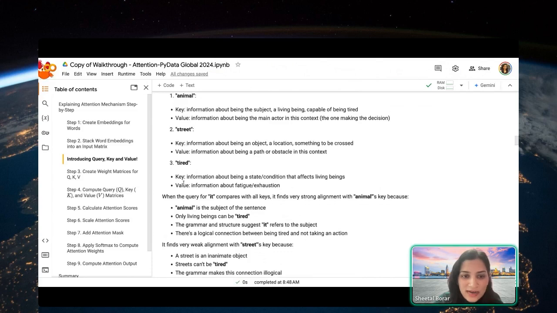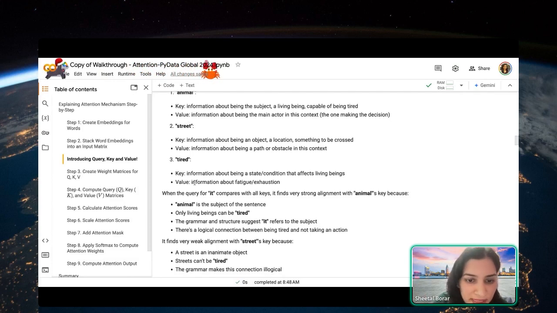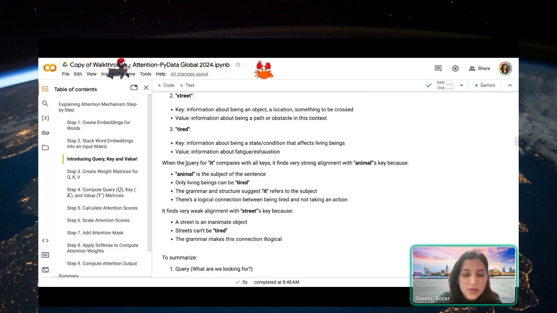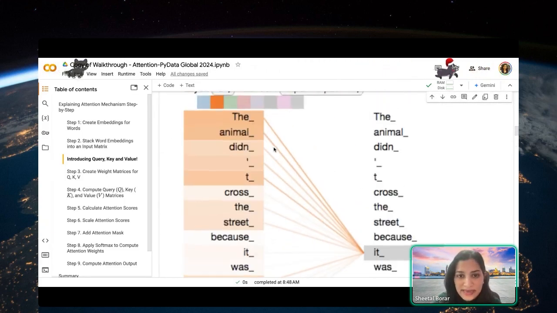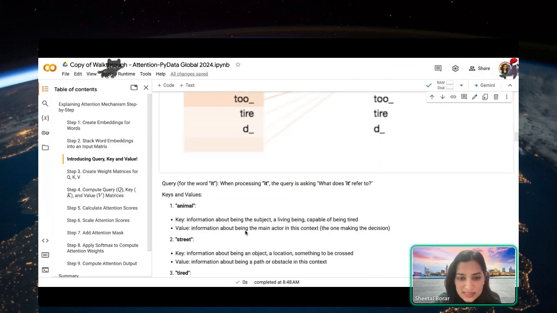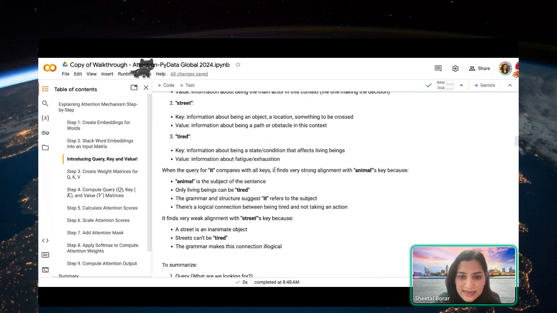This key and value are essentially information that is encoded in the key and value matrix. So when we compare the query of it, and query is a matrix of its own, with all the keys of all the words, we will find out that it has a very strong alignment with animal's key because it relates to the subject of the sentence.